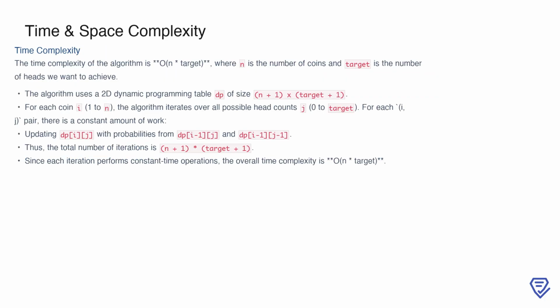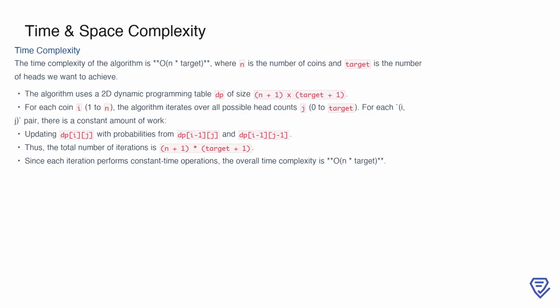Here, we analyze the time complexity of the algorithm. The time complexity is determined to be O(n * target), where n represents the total number of coins, and target is the number of heads we aim to achieve. This arises because the algorithm employs a 2D dynamic programming table, dp, which spans dimensions of n plus 1 by target plus 1. For each coin, labeled as i, we iterate over all possible head counts from 0 to target.